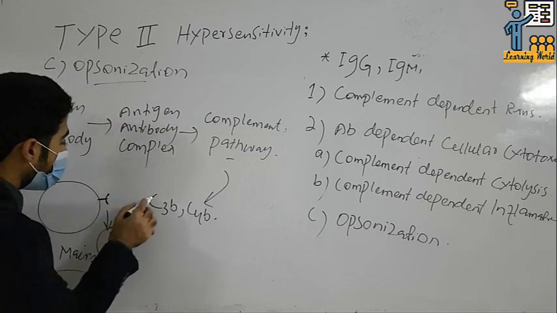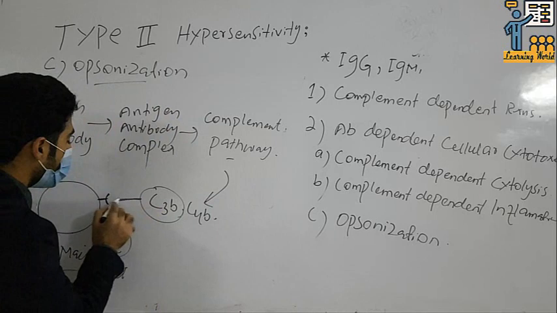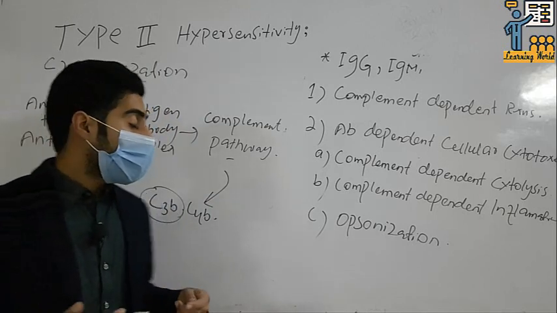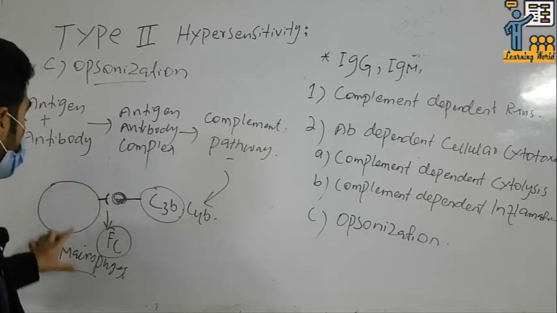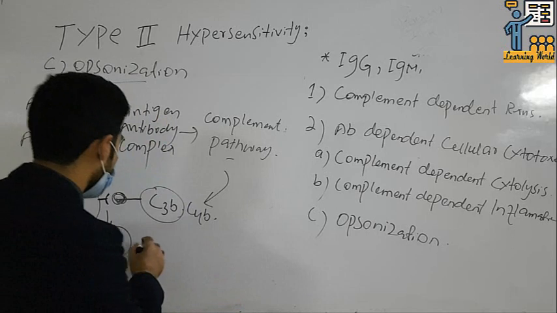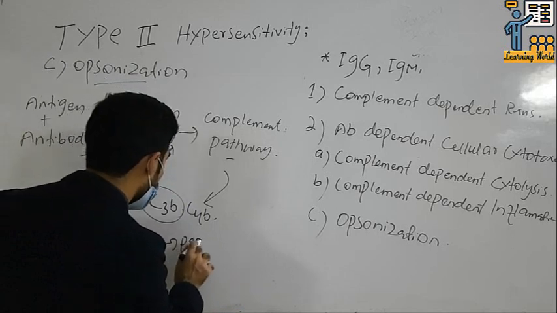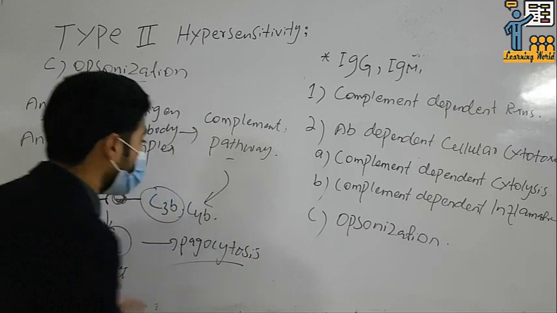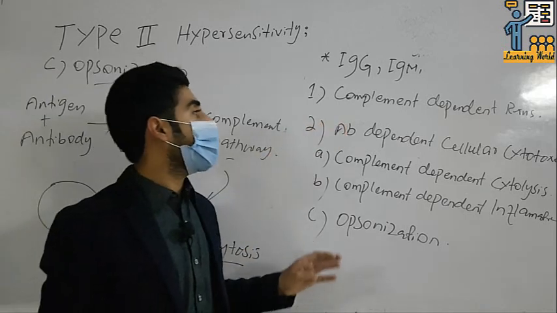These macrophages will attack this C3b. The C3b will attach to this Fc receptor, and phagocytosis will occur. So that's all about the complement dependent reaction.